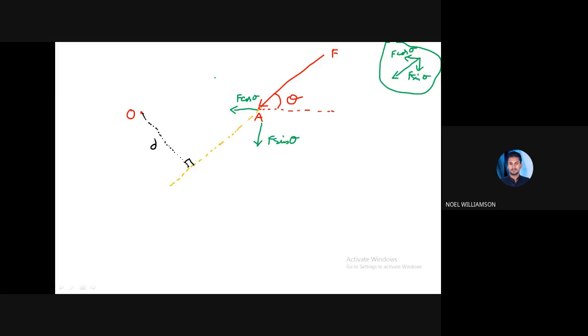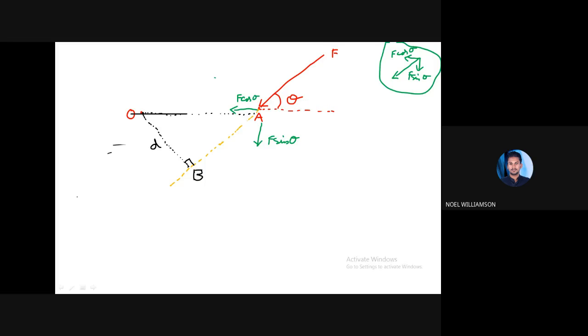This is D, which is unknown. We don't know the value of this D1 or D. We only know the value of OA. Okay, we are dealing with the moment of the force, and we know only the value of OA and the value OB. OB is unknown.